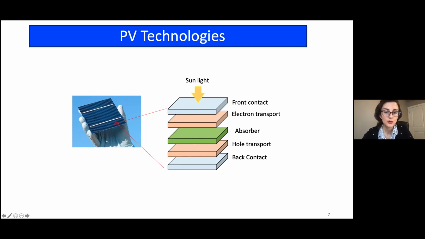This flow is called direct current, DC, which is converted to alternating current, AC, within an electricity inverter. There are alternative materials to make each of these layers. But the absorber material is the most important layer because it classifies the type of the technology.